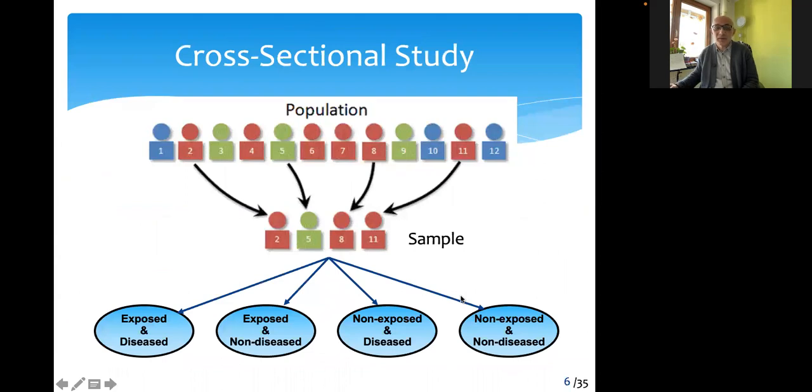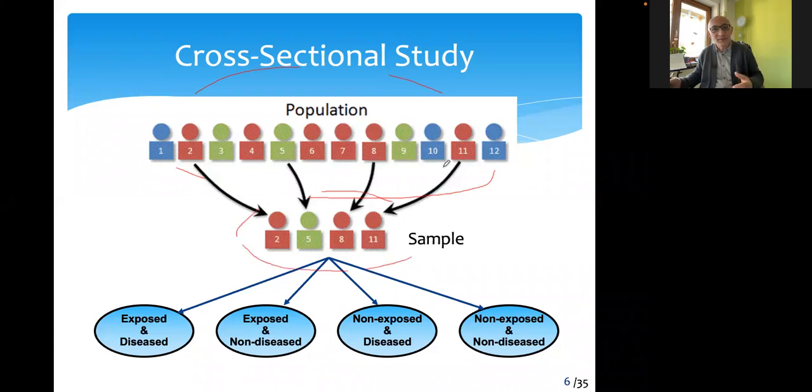In the upcoming slides, I will try to make it clearer with some figures and explain these study designs further. For the cross-sectional study, you have a population. In this figure, we have a population of how many people? 12 people. From the population, you select a sample, or you may also decide, of course, to study all the 12.